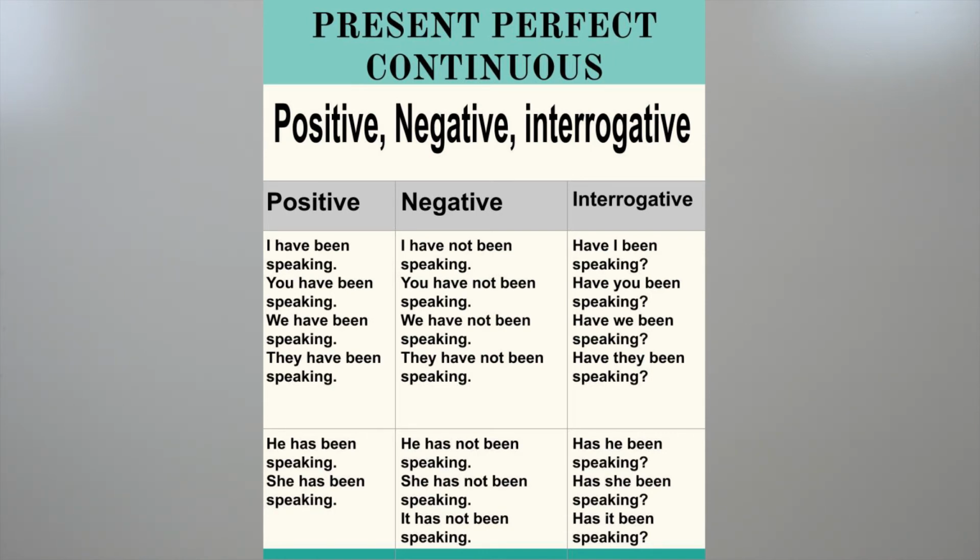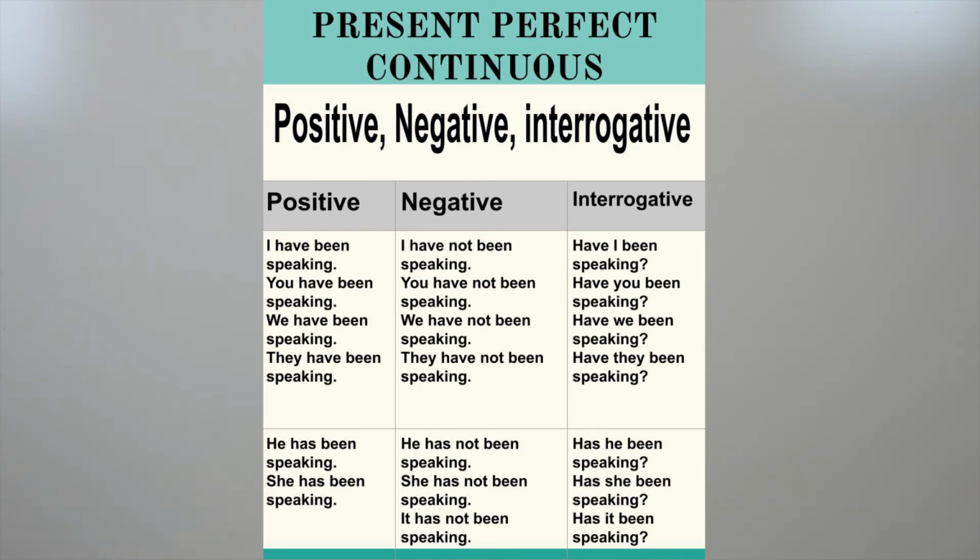He has not been speaking, she has not been speaking, it has not been speaking. In the question form, it sounds like this. Have I been speaking? Have you been speaking? Have we been speaking? Have they been speaking?